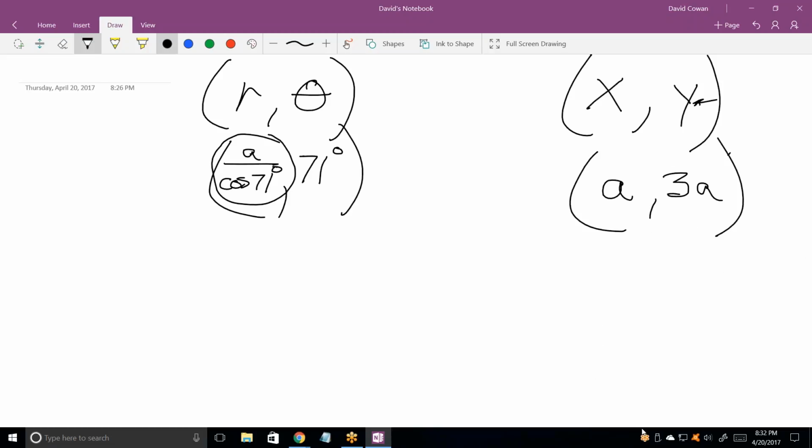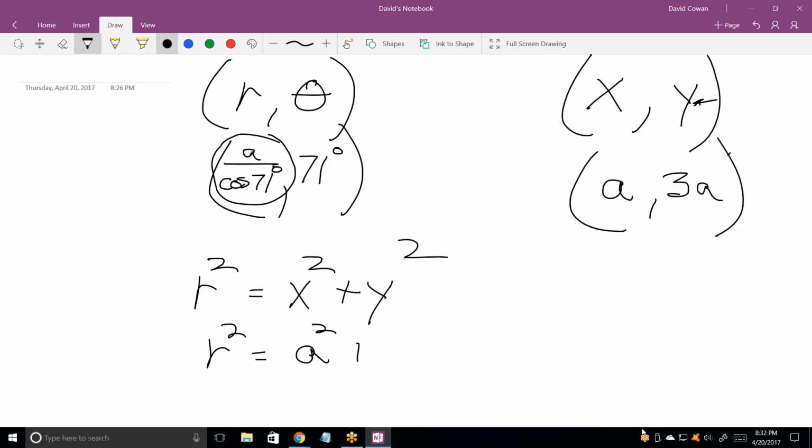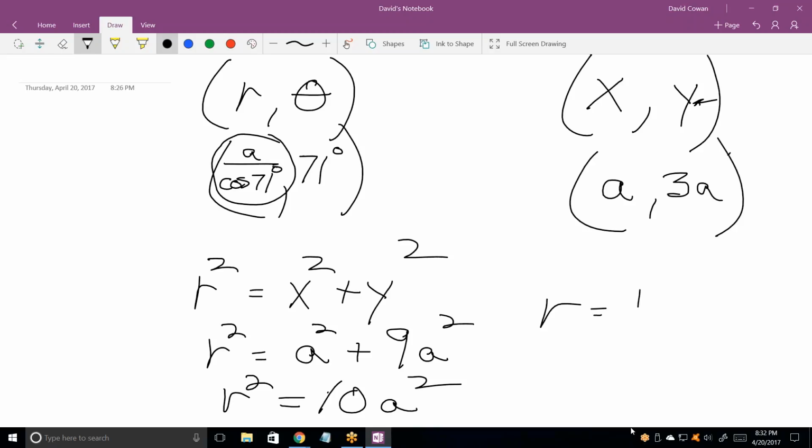We've got r squared equals x squared plus y squared, which would make r squared equals a squared plus 9a squared, which means r squared equals 10a squared, which means r equals plus or minus the square root of 10 times a.